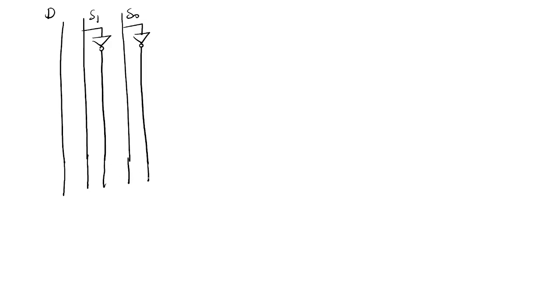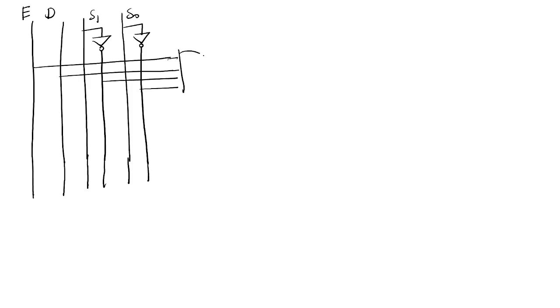So what is Y naught? Enable pin is also there. Enable, D, S1 bar, S naught bar are connected with an AND gate. And this is Y naught.